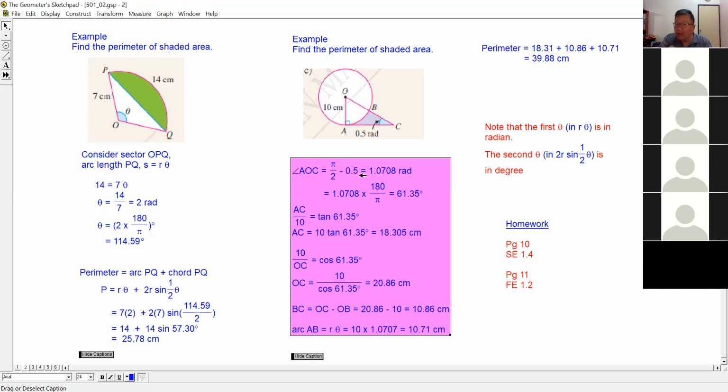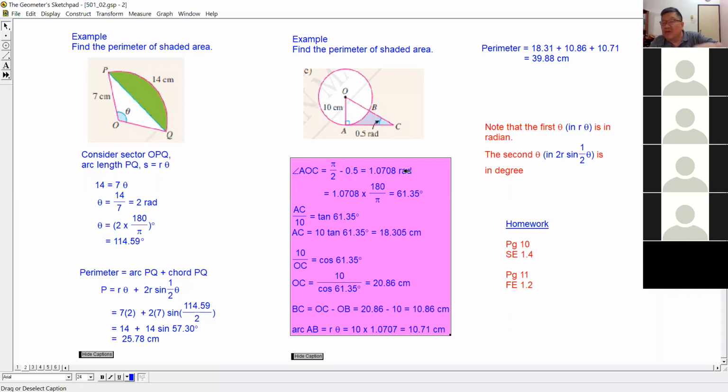Okay, so now you see why I ask you to memorize. Can you understand why I ask you to memorize that pi over 2 is 90 degrees? Yes, teacher. Now, instead of using 90 minus the angle, I use pi over 2 minus this 0.5. So straight away I know 1.07 radian.